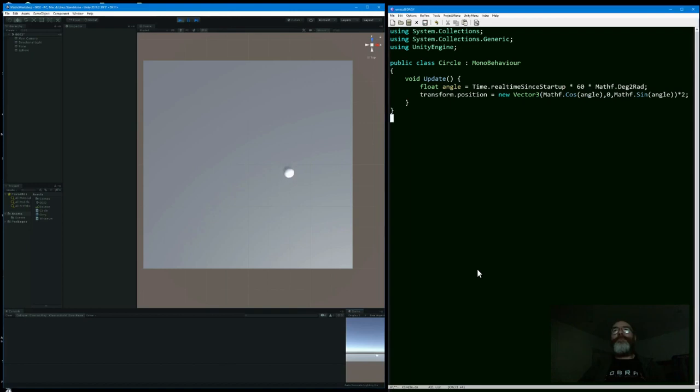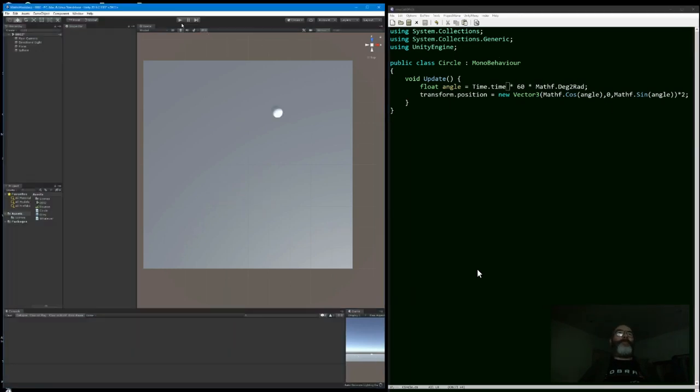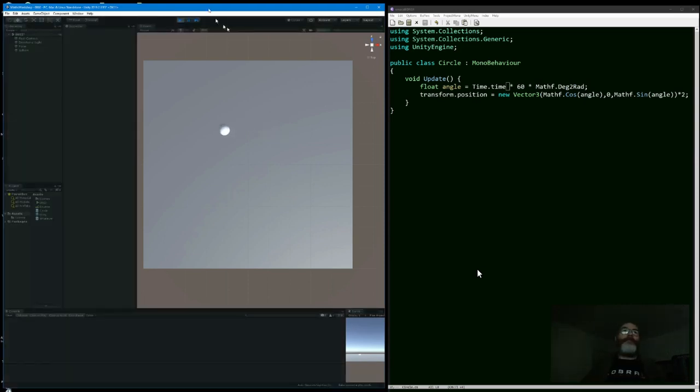If you do, then you just actually use time.time, and then that stops when Unity realizes that things have been frozen for too long, and it just freezes everything. Looks like it freezes after about a second, something like that.